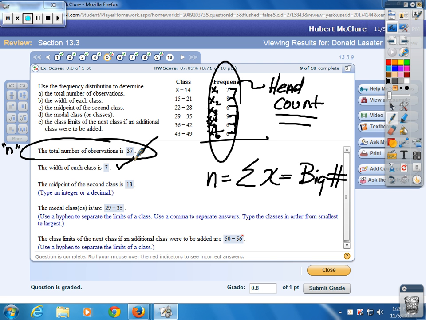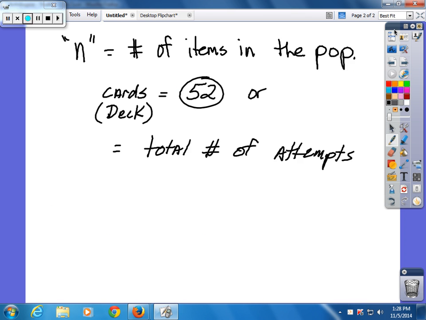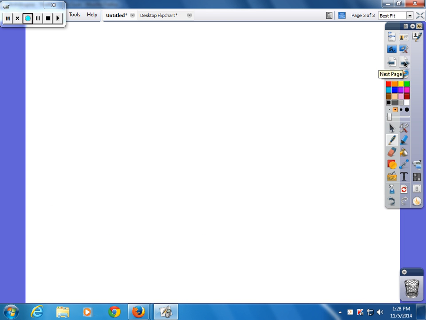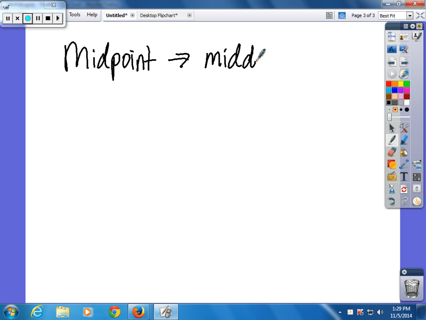The midpoint. All right, I'm going to show you how to find the midpoint. What is the midpoint? The midpoint is a 25-cent word for middle. Let me give you an example of the middle.